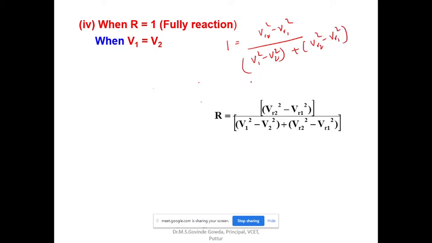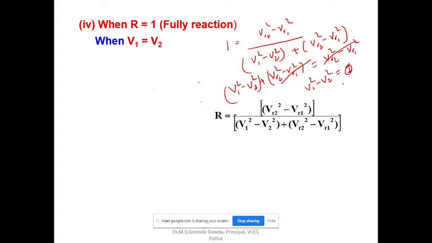Now, cross multiplying, it becomes V1 square minus V2 square plus VR2 square minus VR1 square equals VR2 square minus VR1 square. Those two terms will cancel, so V1 square minus V2 square equals 0.